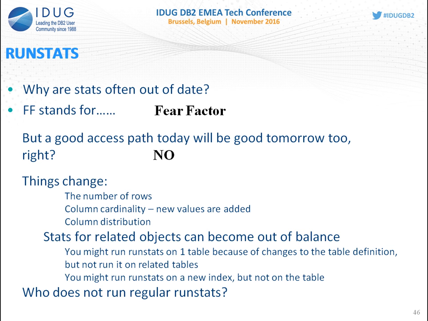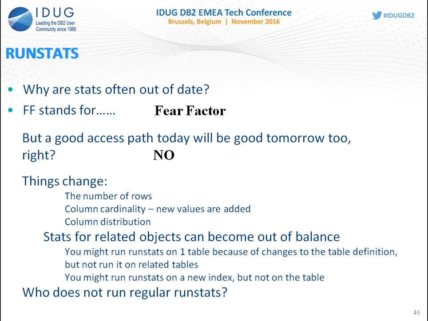It's good to run the RUNSTATs after a reorg, but if you never run reorg on certain tables because they don't need it, it's still good to run RUNSTATs regularly to get the new statistics. It's good to run RUNSTATs after reorg because you have things like forward record references, and on LUW they're called overflows, and if you've cleaned them up with the reorg, you want the catalog to reflect that.